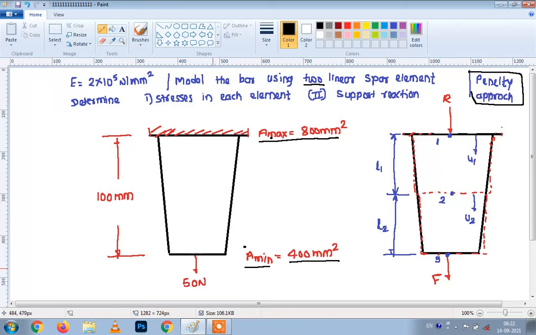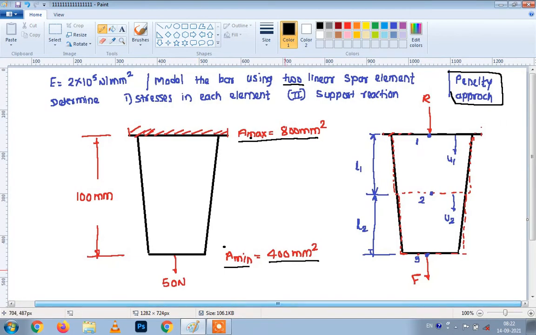So first step is discretization. In this numerical it is given that we have to divide it into two elements. So this particular length 100 mm is now divided into L1 50 and L2 is also 50. This will be element number 1, and here is the second element.